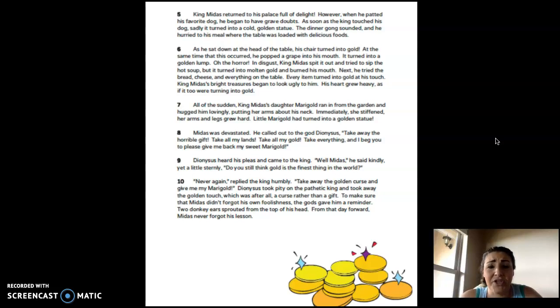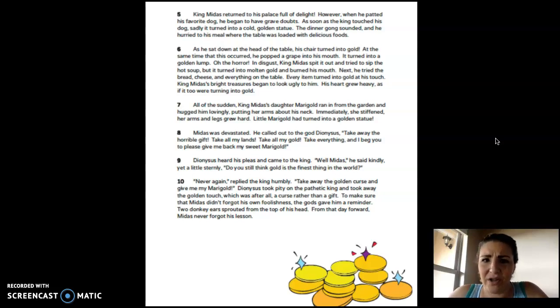King Midas's bright treasures began to look ugly to him. His heart grew heavy as if it were turning into gold. So everything he's eating, the horror, he's so upset. Everything he's eating is turning into gold. So he's not getting to eat food like he wants to. His treasures, so the things he valued the most, the thing that he loved more than anything, began to look ugly to him.